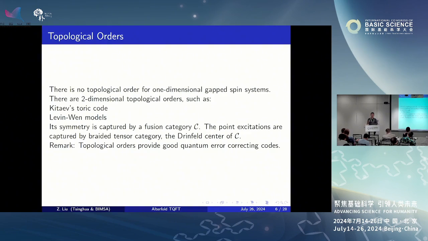We can multiply two group elements g and h and get another group element. But on the categorical level, for representations, we can take the tensor product of two representations, and it decomposes as a direct sum, so it's not just a single term, it has more terms. So it has more linear structure, which coincides with the linear structures in quantum field theory.